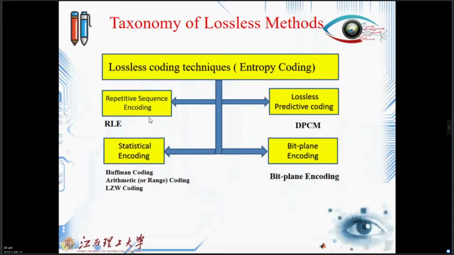We have lossless predictive coding, which we call DPCM, and bit plane encoding, which we know as one specific method. Our talk in the first lecture will be about this graph, and we will see the differences, features, and applications of these techniques one by one.